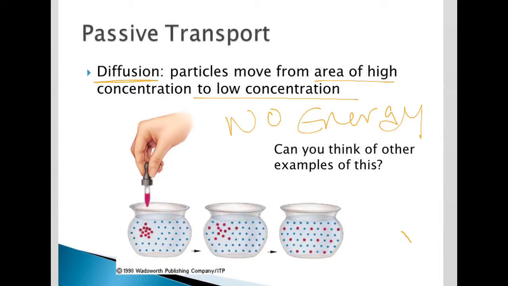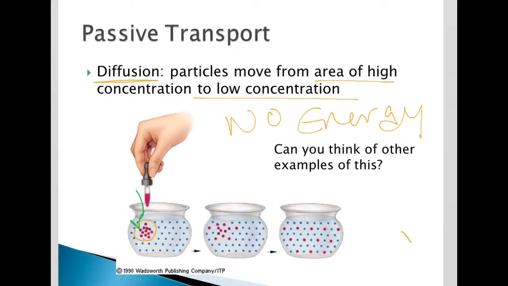Okay? So, in this picture example, we have a dropper that dropped some red food coloring here. Notice that there are two sort of concentration gradients going on. In this concentration gradient right here, which is what you might focus on, you have a very high concentration of those red food coloring molecules.